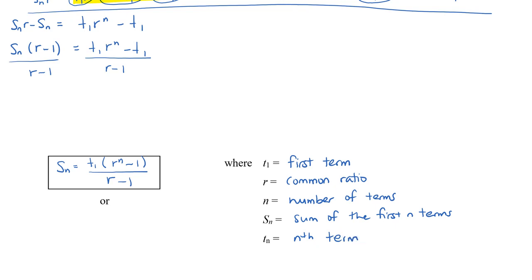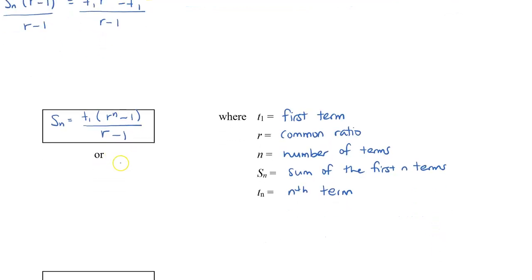Now, the reason I'm going to show you that we need that is I'm going to show you another formula. So what we can do, I have an R here. We know that Tn for a geometric sequence is T1R to the n minus 1. So if I multiply both sides by R, I'm going to have TnR, and then on the right, I will have T1R to the n.